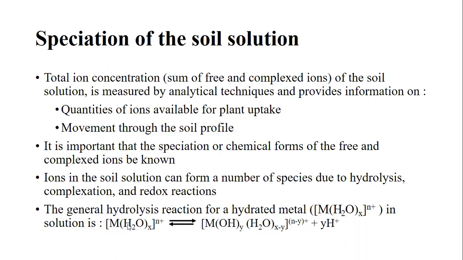You can apply it to any multivalent ion in solution. This is water of hydration. Many of the ions, remember, are surrounded by water of hydration. They are water molecules surrounding that metal or ion. And the x indicates the number of H2O molecules surrounding it.